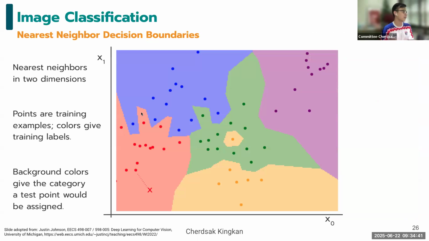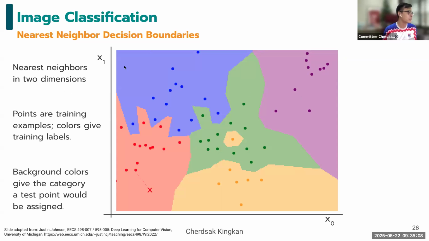Another thing that we might need to talk about in nearest neighbor is the decision boundaries, right? For example, if we plot two dimensions, x0 is the value of one pixel, and the other would be the value of another pixel, x1.